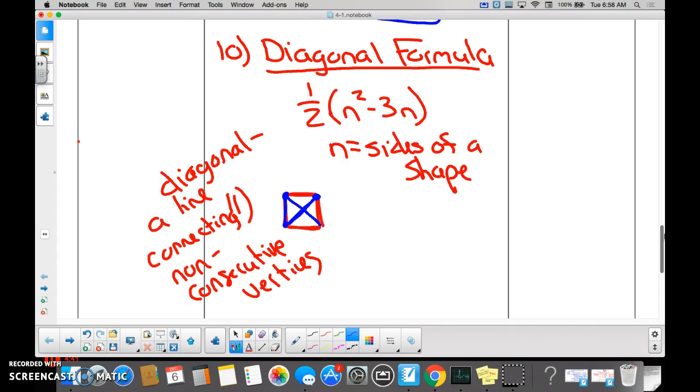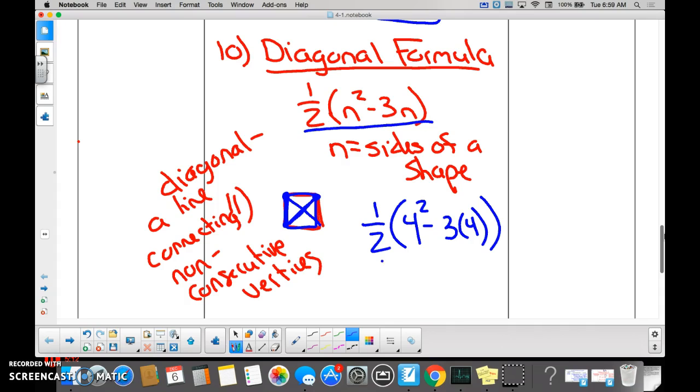So for a situation like a square or a rectangle or a quadrilateral parallelogram, you're simply going to plug in for your formula 1/2 n squared, the number of sides the shape has. So this shape has 1, 2, 3, 4 sides. So 4 squared for n minus 3 times 4, again for n, big parentheses, and then solve.